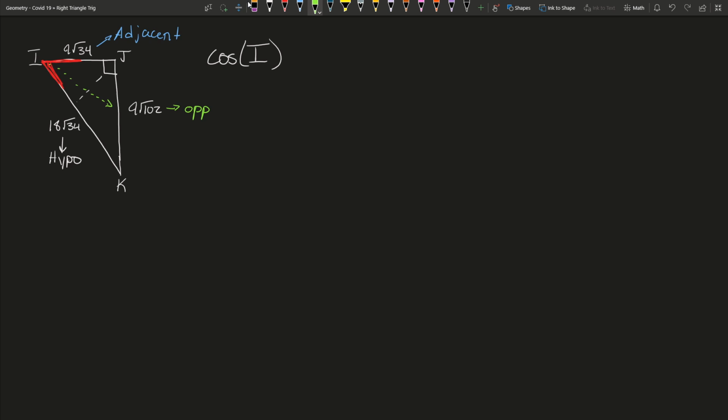But we don't even need that because cosine is just the adjacent over the hypotenuse. And because we know those sides already, we can plug them in.